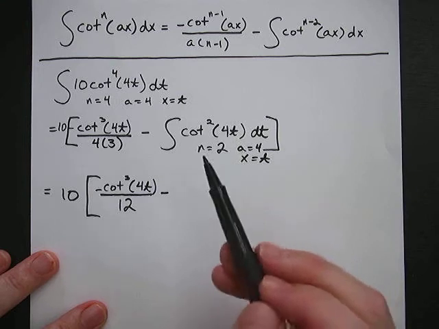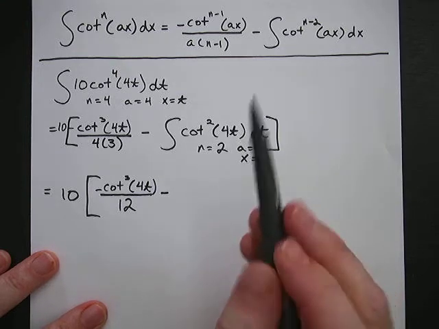use the power reducing formula with my new numbers. The only thing that changes is n is equal to 2.